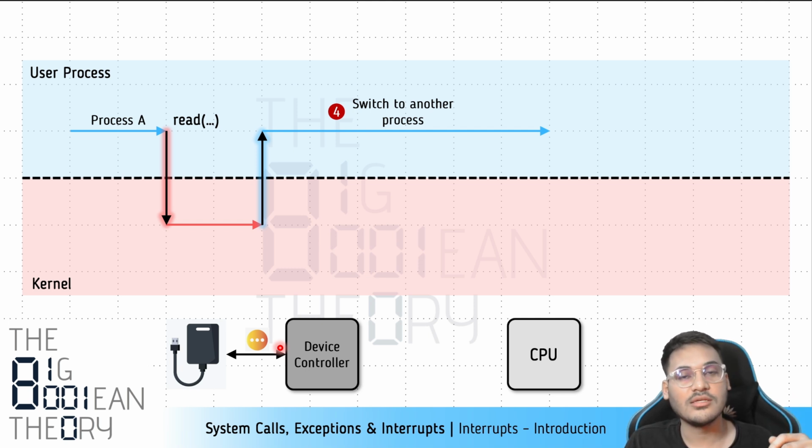This is a much better utilization of resources compared to the case if we had allocated the CPU to process A. There, process A would not be doing any meaningful or useful work. It would just be spinning on the CPU to check whether the operation is complete or not, right? That would be hundreds and thousands of instructions wasted on checking the status of the IO operation. So that is why the operating system allocates the CPU to some other ready process.